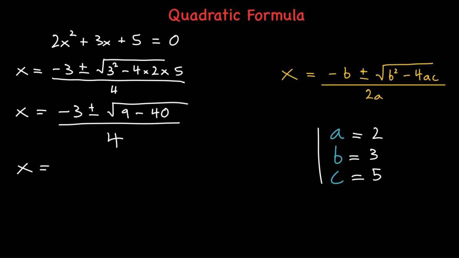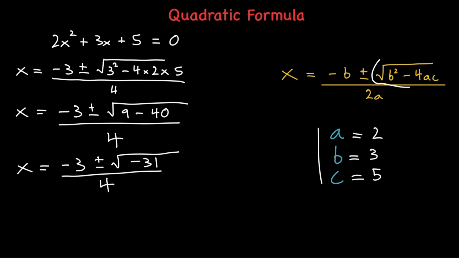And now when we simplify this square root, there's something that we need to take note of. So 9 minus 40 is negative 31. And that actually means that there are no solutions for x in this question, because you cannot square root a negative number. And so this looks at the concept of the discriminant.